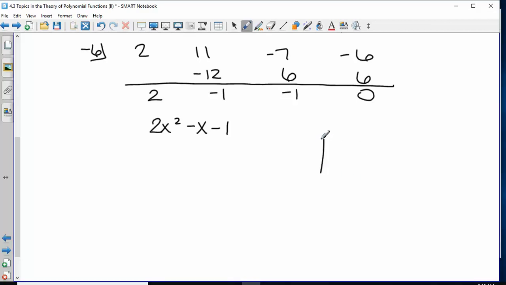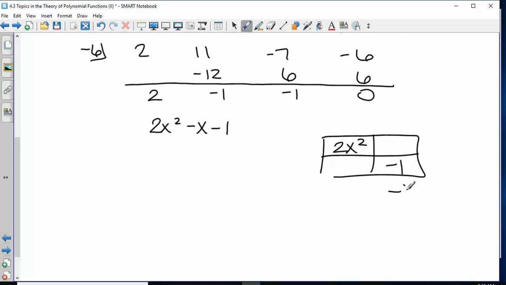So let's just try box method here and see. So multiply to a -2 and add to -1. That would be 2x and 1, x minus 1.